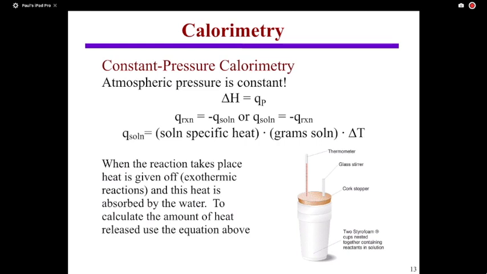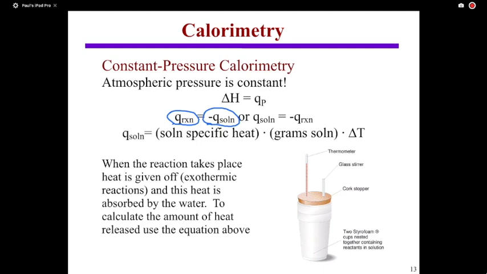Q, the heat of the reaction, is equal to negative heat of the solution. Okay? Remember an energy flow. If the system gives off, it has to go into the surroundings. And if the system absorbs, it has to come from the surroundings.